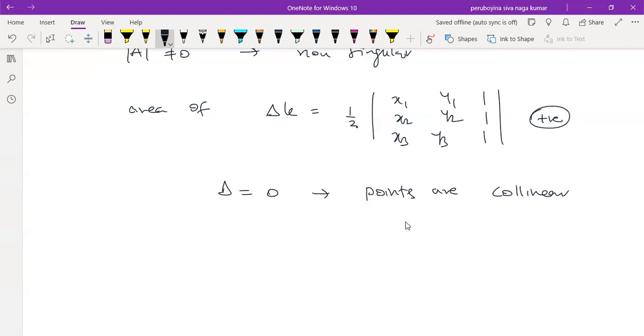Adjoint of the matrix. You know how to calculate the adjoint of the matrix? And I will discuss here some properties of adjoint.